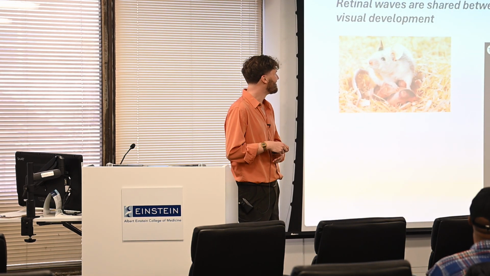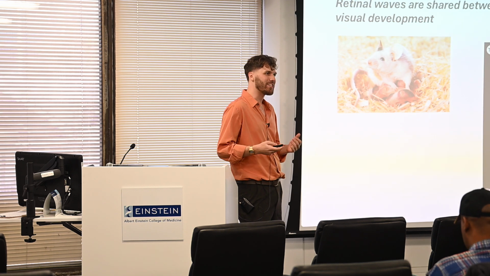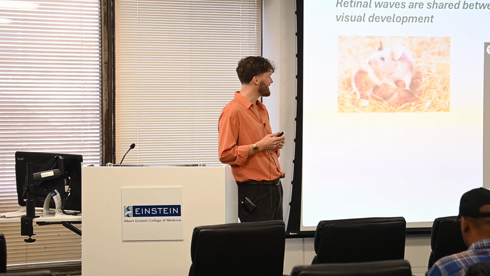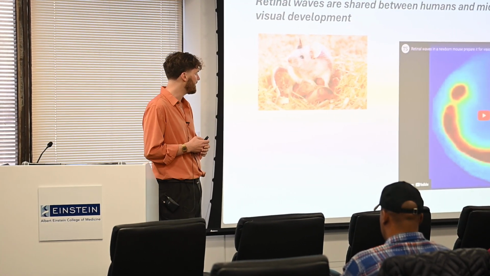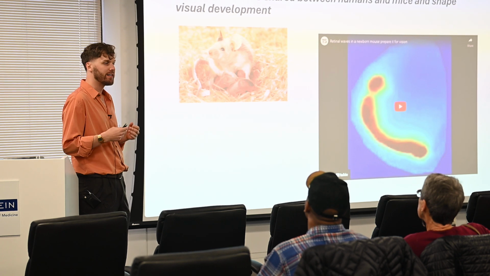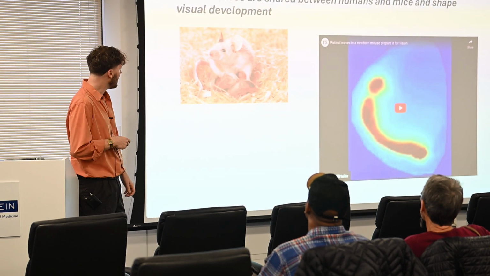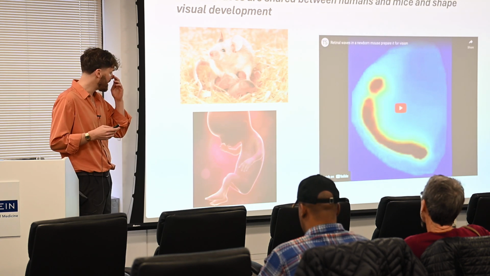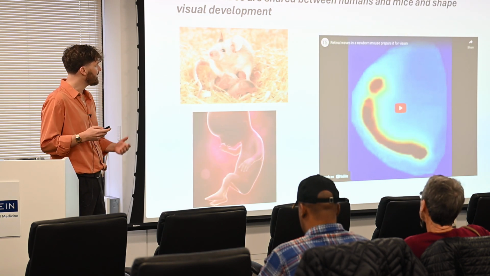So when mice are born, they can't actually see, but there are a lot of interesting processes happening that are preparing the brain to first experience this visual information. This period in mice corresponds to about the second trimester in humans, and there are shared features.